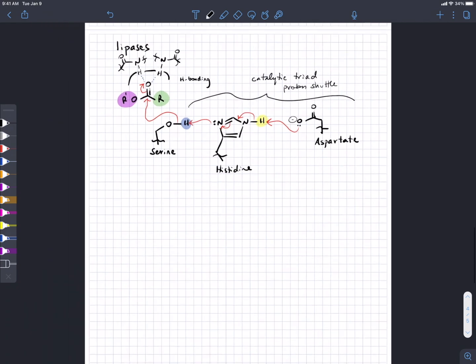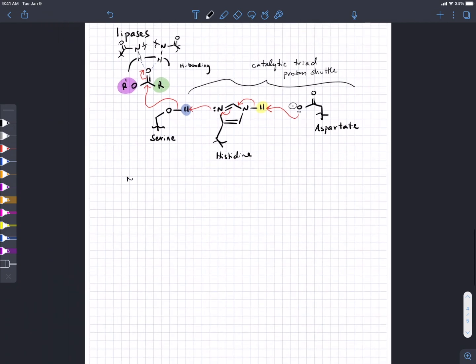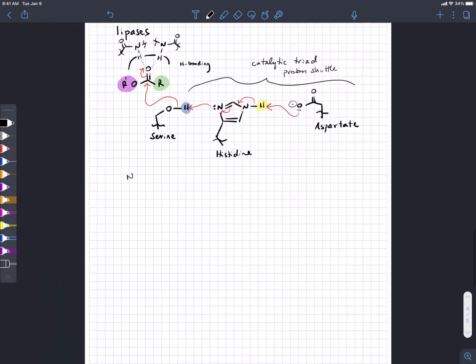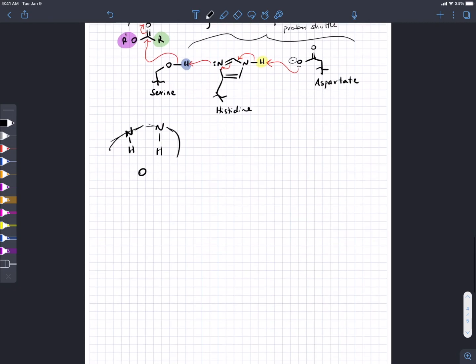So after that attack has happened, I'm going to redraw, I want you to see what the side chains look like after we've done that attack. I'm going to abbreviate what's in the oxyanion hole. You can see why it's called the oxyanion hole, because it stabilizes the tetrahedral intermediate.